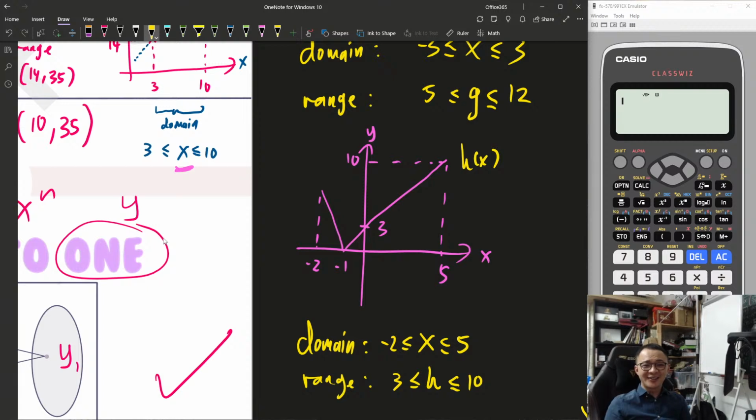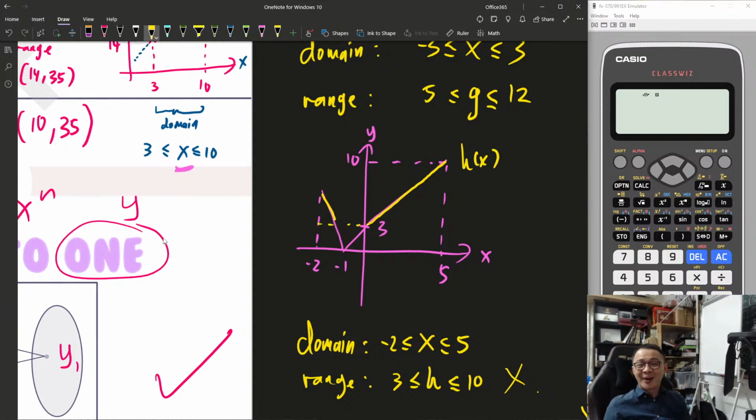If you write like this, you get it wrong. Because why? For the y value, you can see you do have the graph below 3. This is the problem. If you say your graph is only 3 to 10, you are telling the examiner your graph is only here and here, which is only 3 to 10.